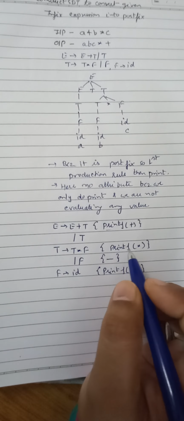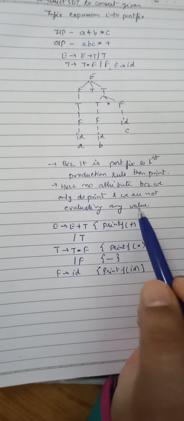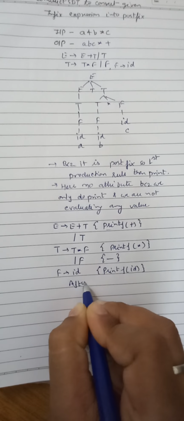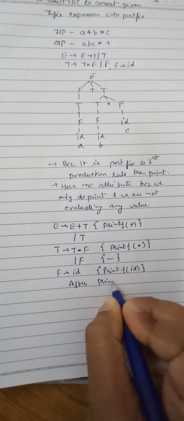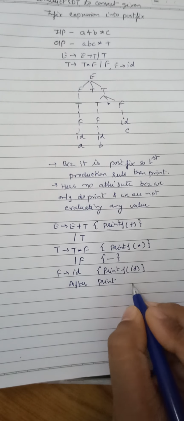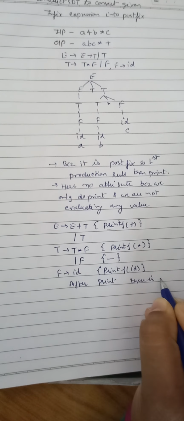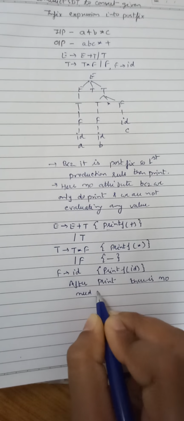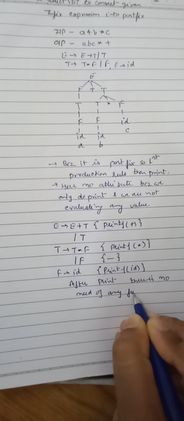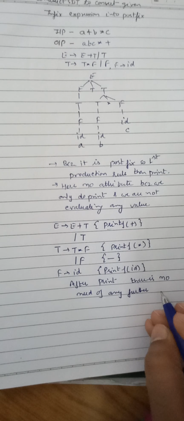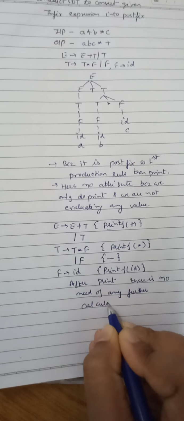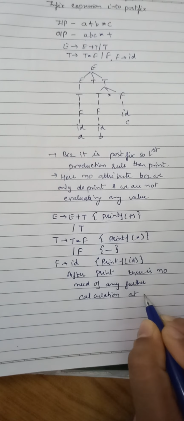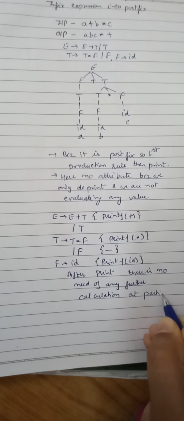Why are we doing it like this? Because we are converting it to printf. So we can say simply after print, there is no need of any further calculation at a particular production.